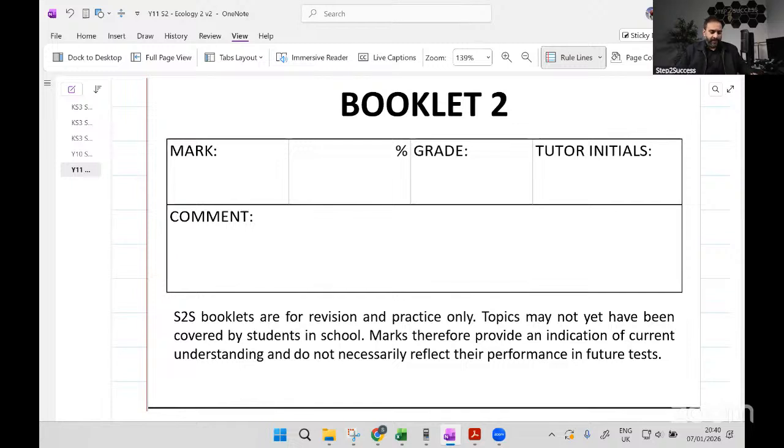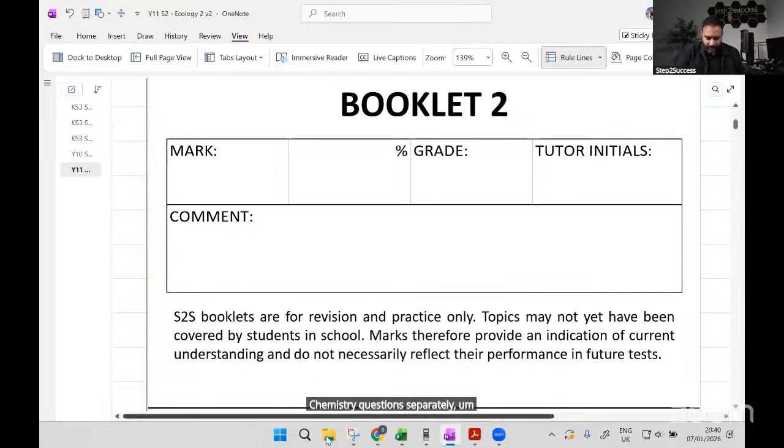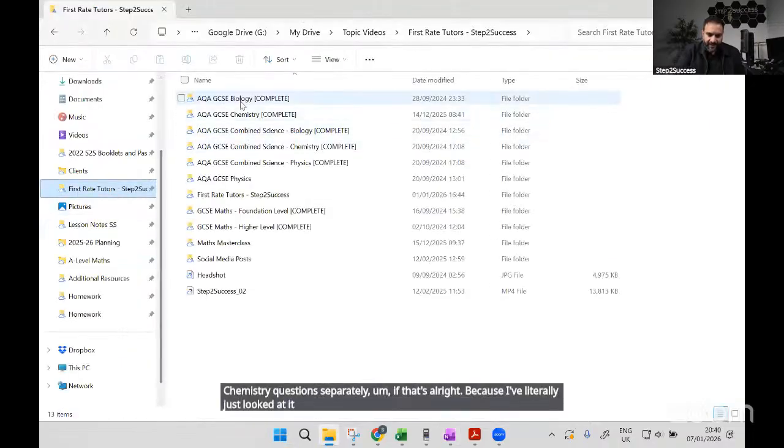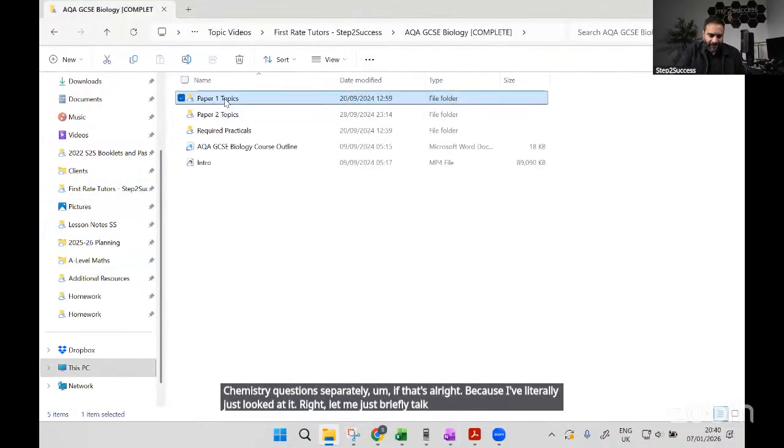I will reply to that chemistry question separately, if that's all right, because I've literally just looked at it. Right. Let me just briefly talk through some monoclonal antibodies.